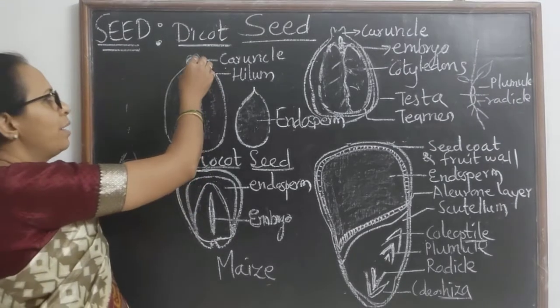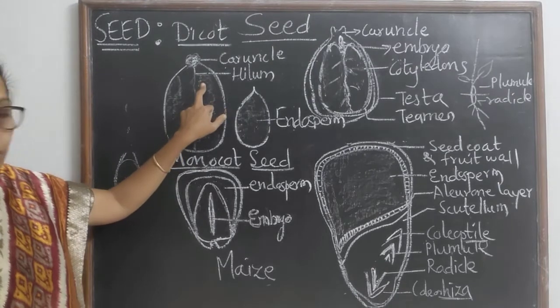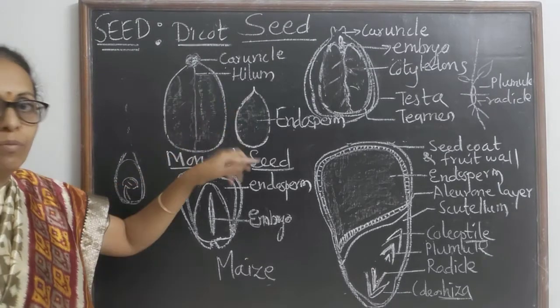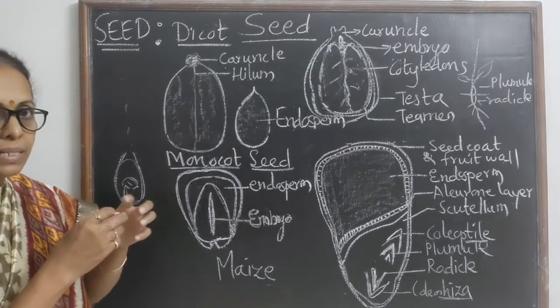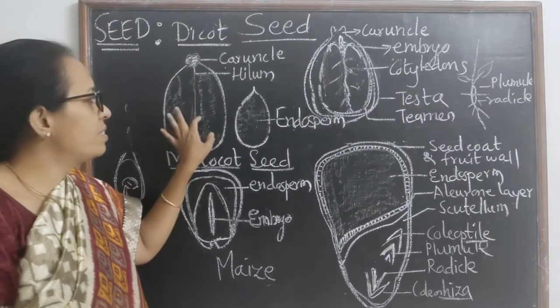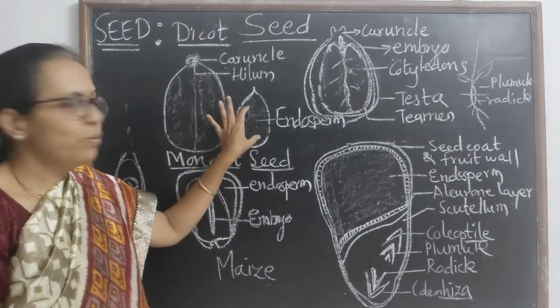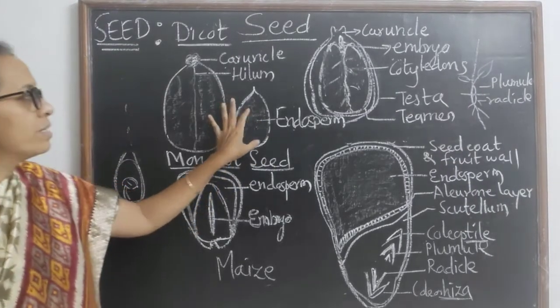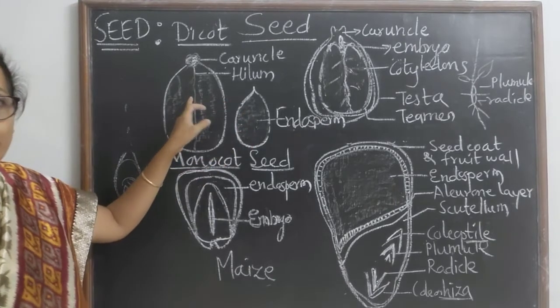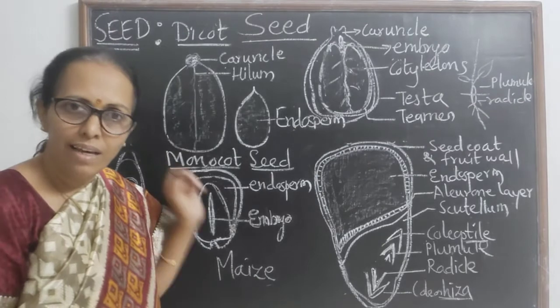Beneath that you are observing the hilum, that is the connection of the ovule with the ovary wall with the help of the placenta. That scar remains, and it is called the hilum. Inside, the whitish flat body you are observing is the endosperm, which is the reserve food material for maturity of the embryo present inside.